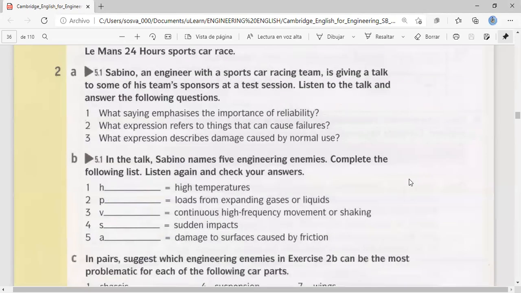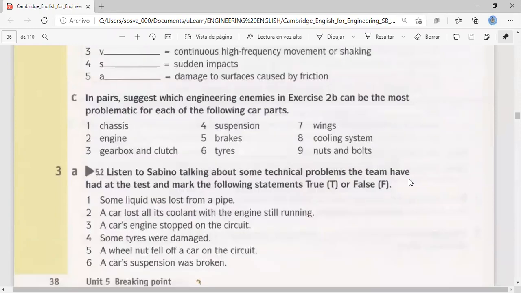So if we go a little bit down below, it says: suggest which engineering enemies in exercise 2B can be the most problematic for each of the following car parts.